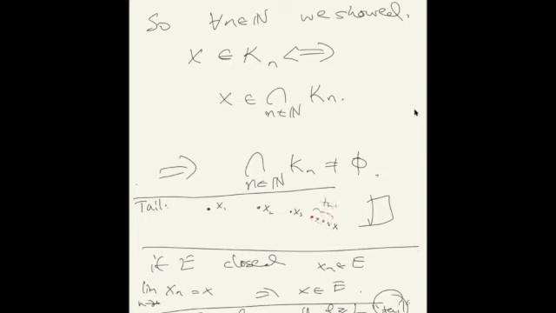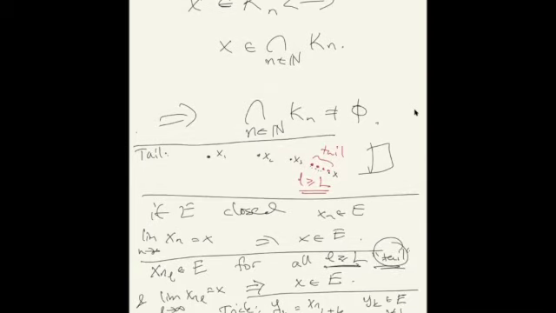So this is called the tail of the sequence. And why the tail? Because it's the tail end. Only indices l bigger than a capital L. That's always called the tail. And if the original sequence converged to X, so does the tail converge to X.